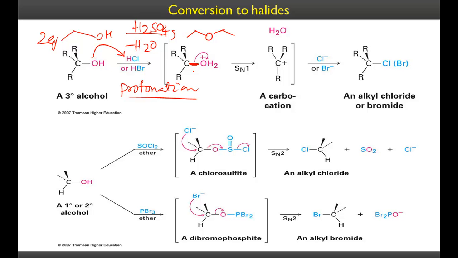This carbocation can undergo various reactions. One of them could be reacting with another molecule of alcohol itself. For example, let's say you have a primary alcohol. This can undergo nucleophilic substitution with hydroxy. Or if you have an acid, the chloride or bromide can attack also. So there are various reactions that can happen with a carbocation.